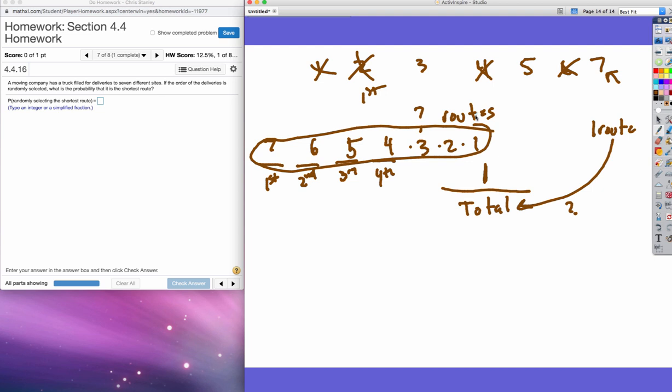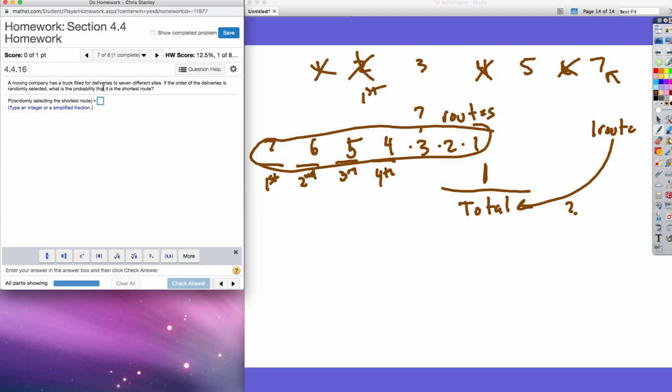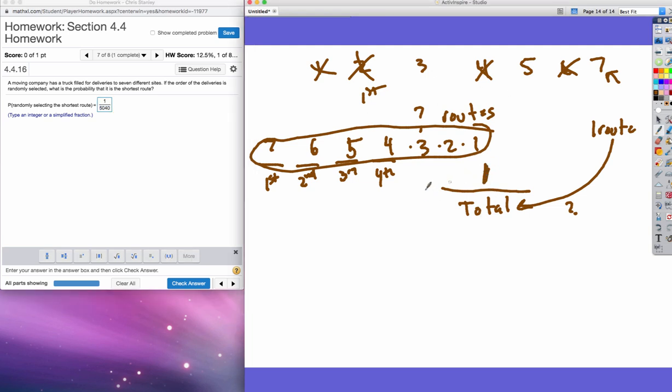There's 7 factorial routes. One of those is the fastest route, so we do a fraction. So it's going to be 1 divided by whatever 7 factorial is, which is 7 times 6 times 5 times 4 times 3 times 2 times 1, which comes up to be 5040. So it's 5,040 different routes, and the chance you're going to pick the shortest is 1 out of that.